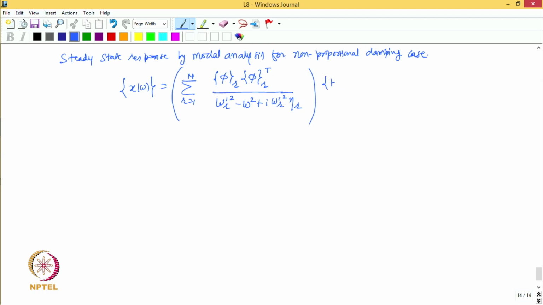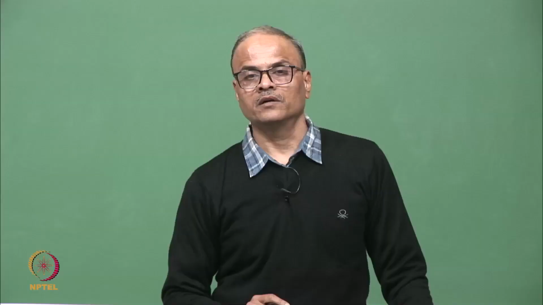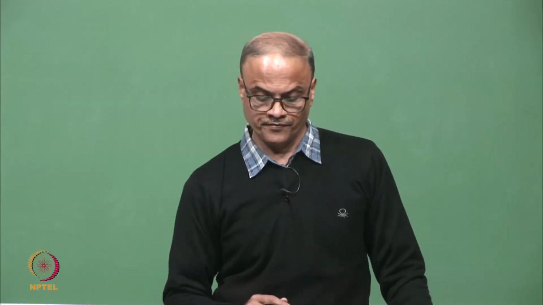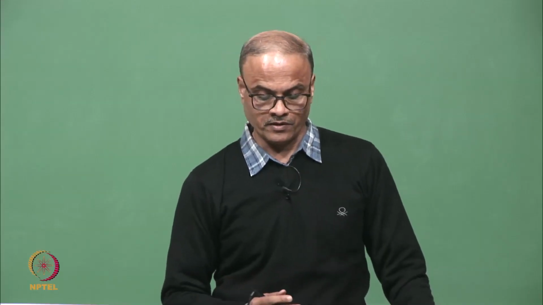This is what we get for the system with non-proportional damping. The formula is in the same form, except that now the natural frequency omega r dash does not correspond to the natural frequency of the undamped model, plus the phi r, the eigenvector, will be complex. Okay, that is going to be the difference.